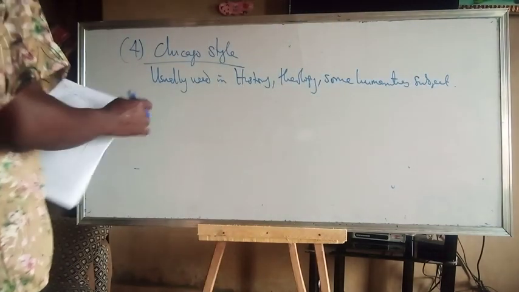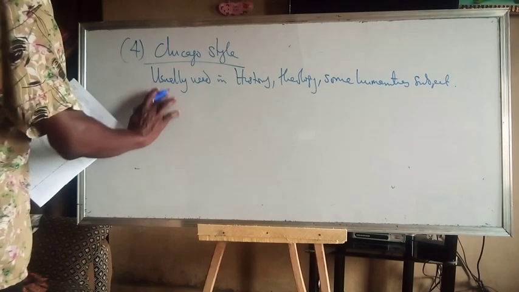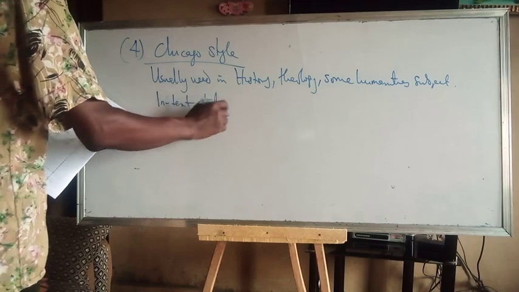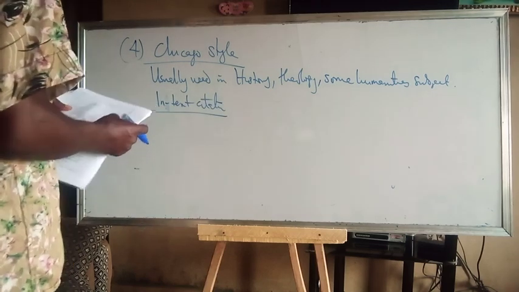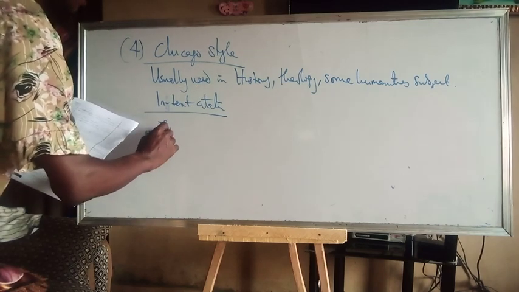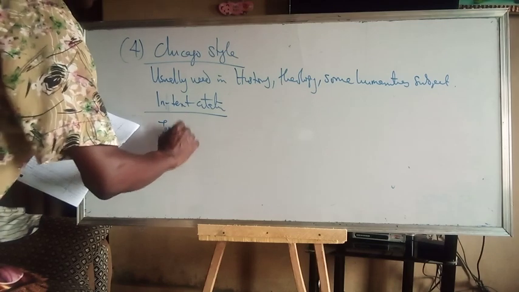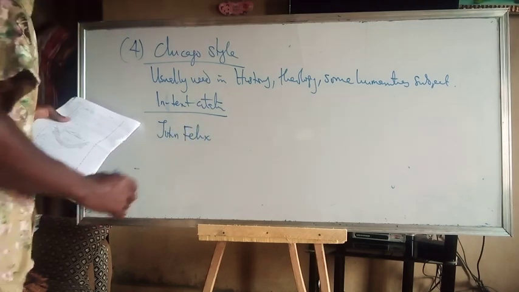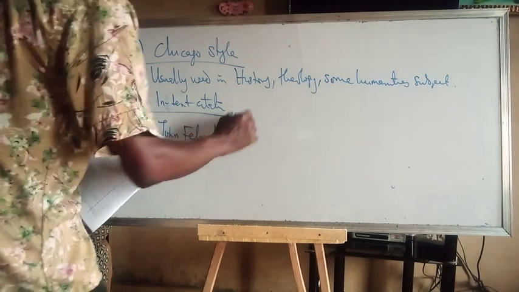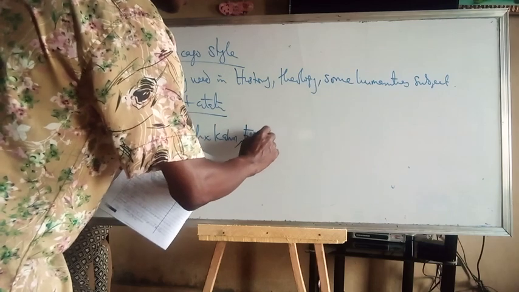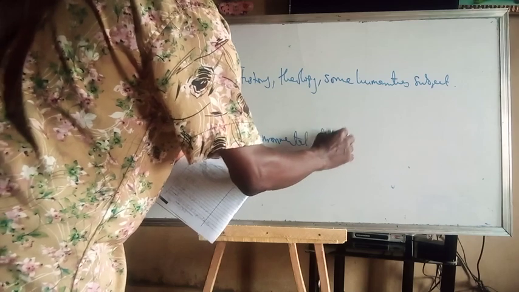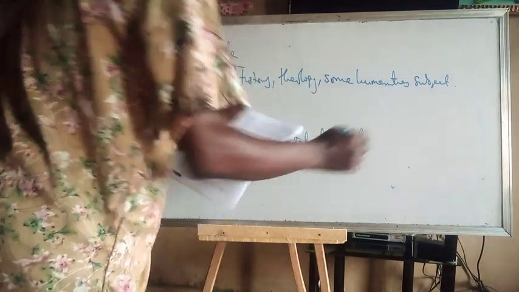Okay, so in-text citation, all those things cited within, are the footnotes. So you can write John Felix Khan, Environmental Degradation and Control.